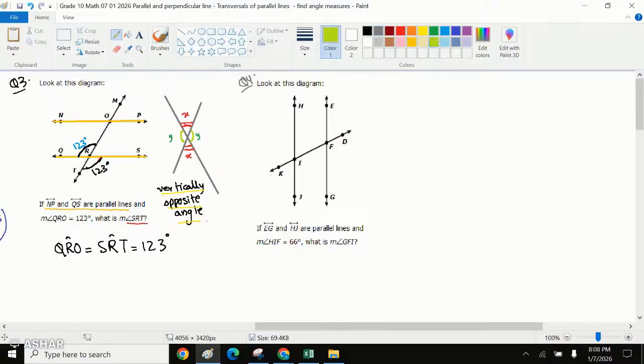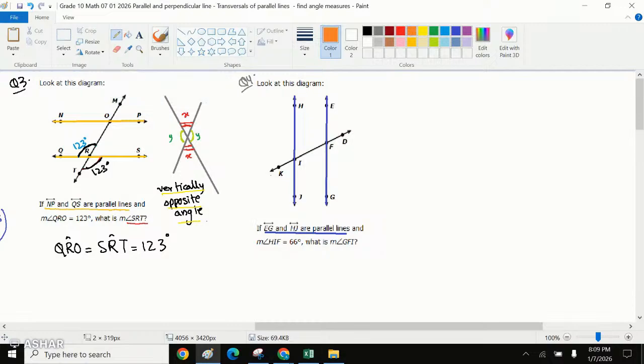In question number 4, what they're telling us is we have a pair of parallel lines, right? So these are the pairs of parallel lines. Let's highlight the parallel lines because the parallel lines will define to us what kind of angle is there. So EG and HJ were parallel.